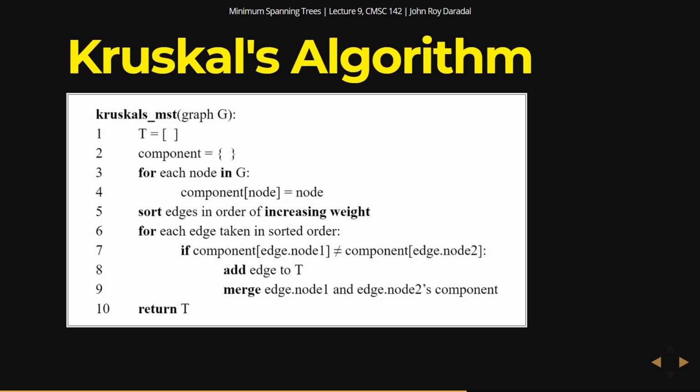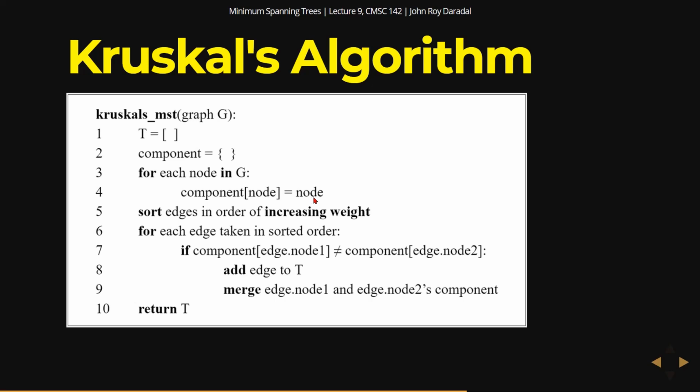Okay, so putting all of that in pseudocode, it looks like this. Initially the tree is empty, and then the component dictionary will tell us what component that node belongs to. For each node, initially the component of the node is the node itself, because each individual node is its own component at the start.